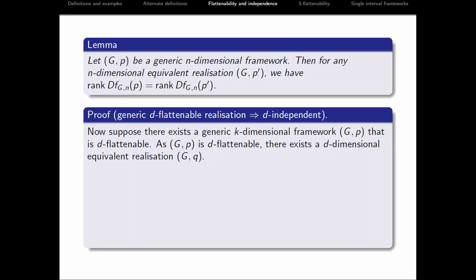So the D stratum means the set of all pairwise distances of points that live in D dimensions, right? So this is dv minus d plus 1 choose 2 dimensional.